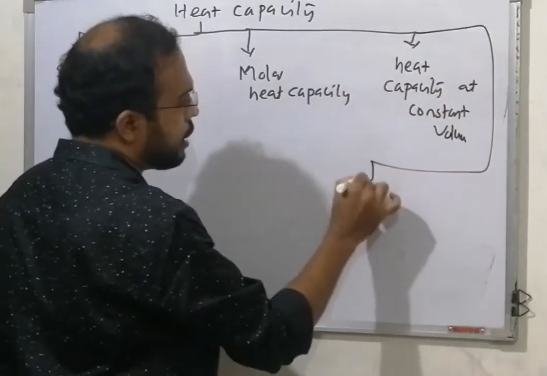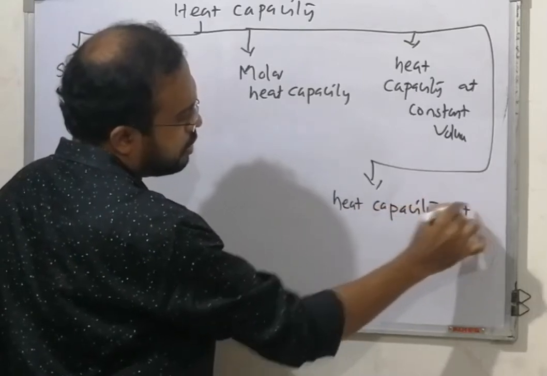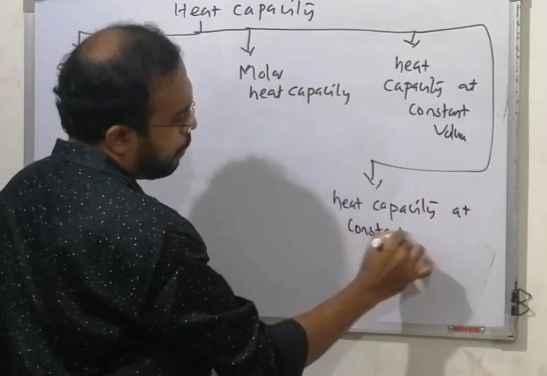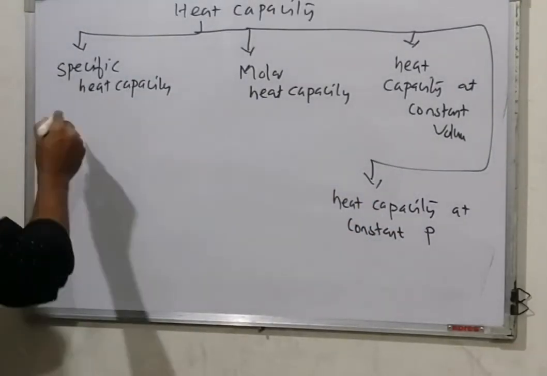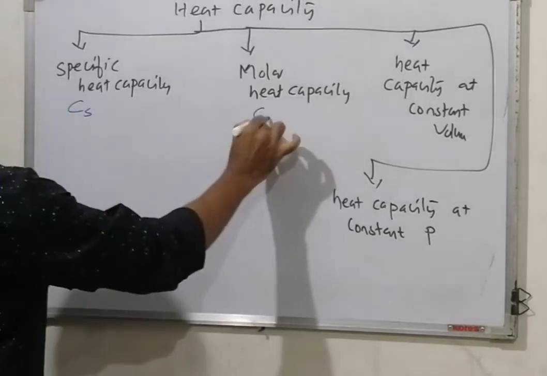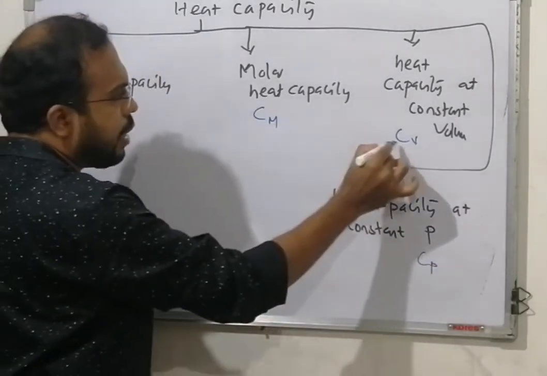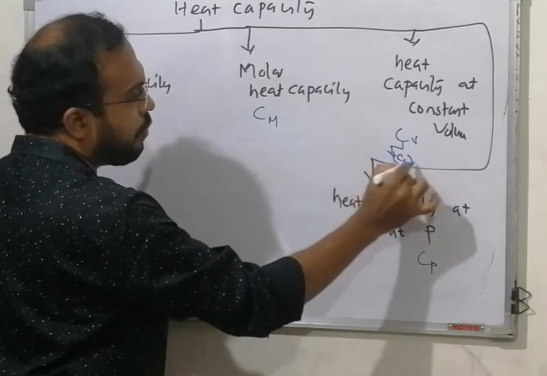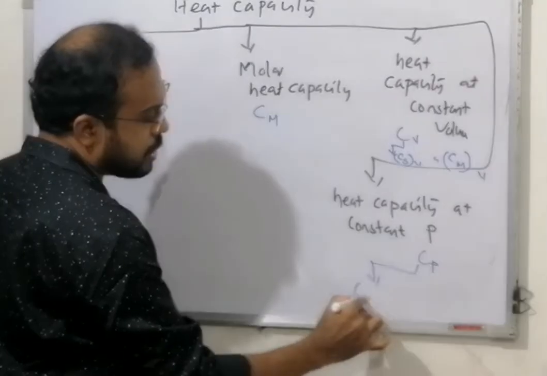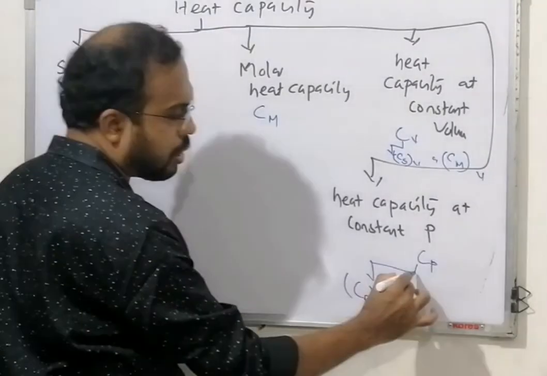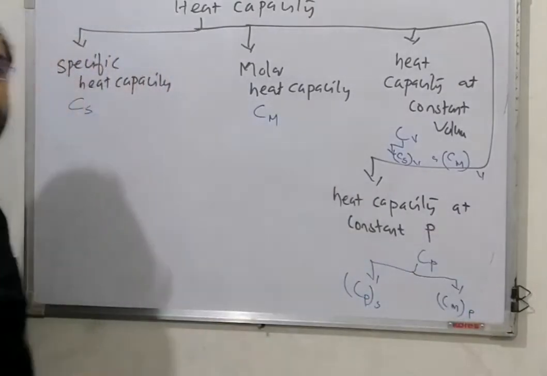The fourth is heat capacity at constant pressure. These are represented by CS, CM, CV, CP. This CM again has CMV, and specific heat capacity at constant pressure or molar heat capacity at constant pressure, or CPM.